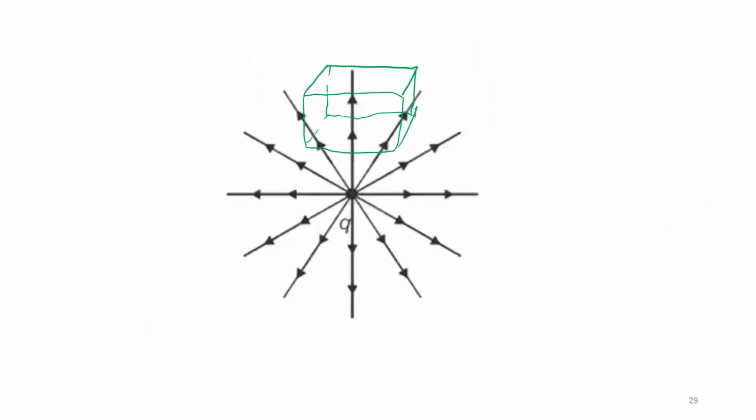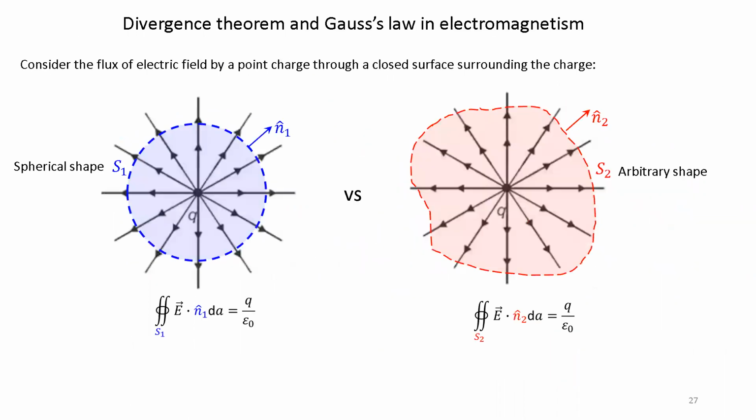But let me just give you a warning, or just a preview. If I go back to look at this Gauss law, let me just consider this one, and then I apply the divergence theorem. And this time I want to apply the divergence theorem on the entire region.